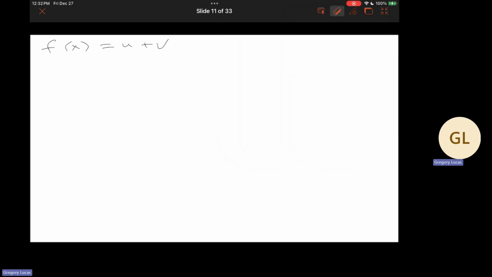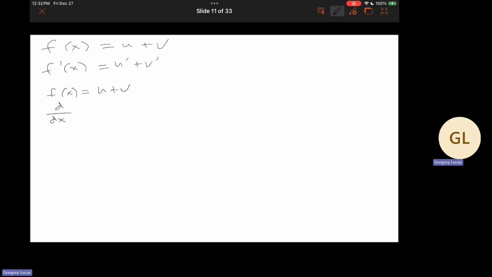We want to find f prime of x. So f prime of x would be u prime plus v prime. Okay? And I just want to introduce another notation we might see. Sometimes people write, if we have f of x is equal to u plus v again, it's the same thing if we write d dx.